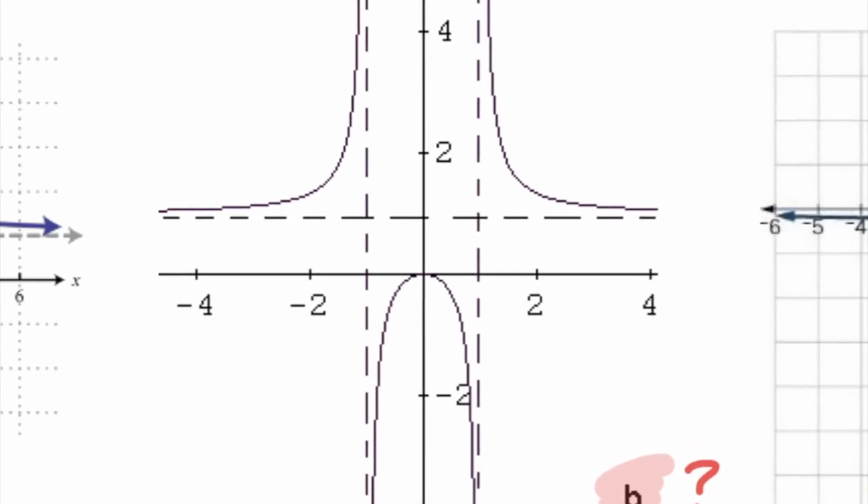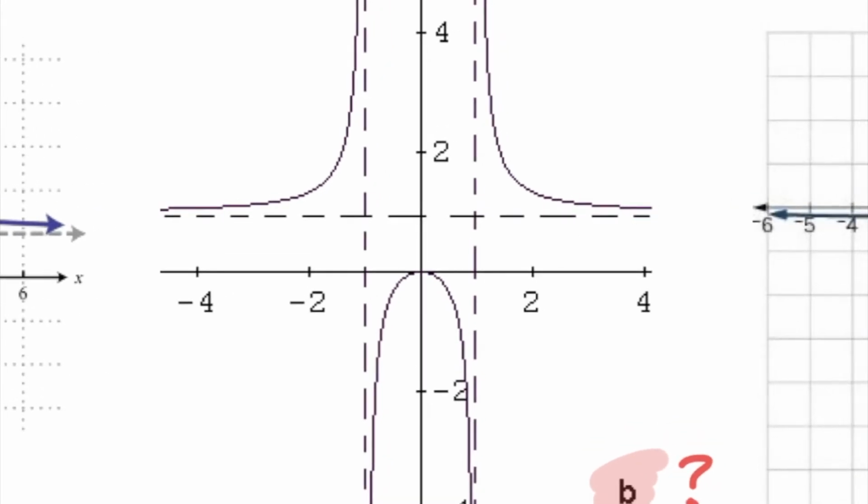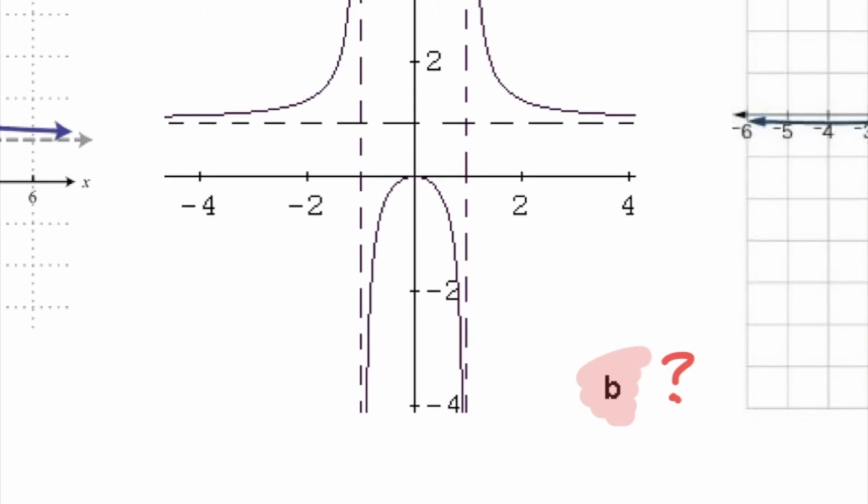So if we take a look at this graph, the way I want you to think through this is start with the x values and look at what x values are represented. So if this asymptote happens at x equals -1, and this asymptote happens at x equals +1, those are x values that are missing from the graph, meaning that they're missing from the domain of the graph.